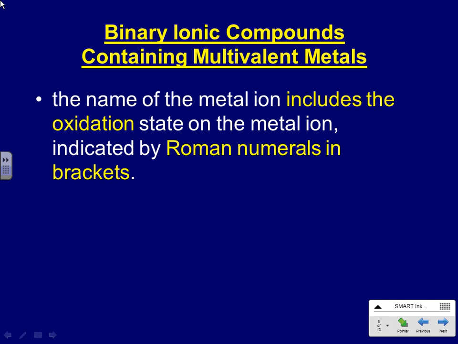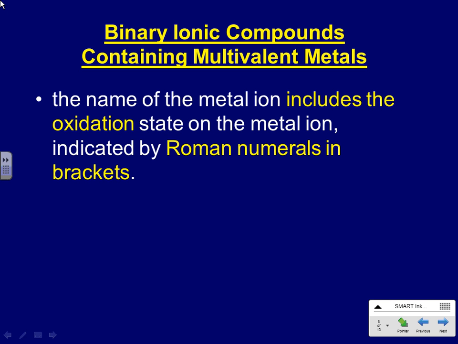Because there is more than one possible oxidation state, you must indicate with your brackets and your Roman numerals which one you're talking about. This becomes very important in writing reports on, say, a chemical reaction that you are doing.